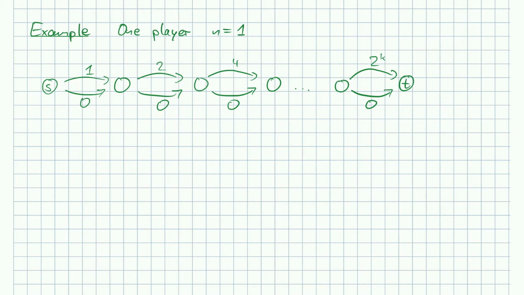So how many resources are there here? Every edge corresponds to a resource, so we'll have m equals 2 times k plus 1 resources here. But there are 2 to the k plus 1 many strategies. Why?